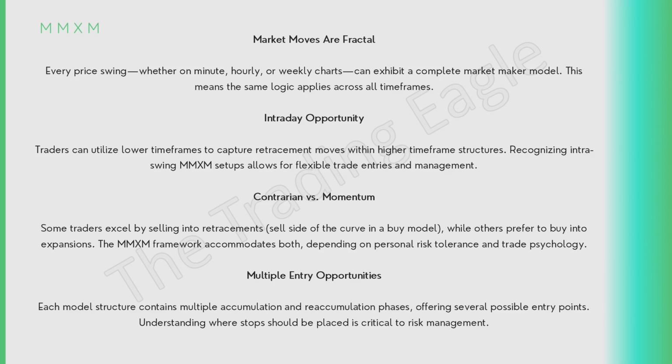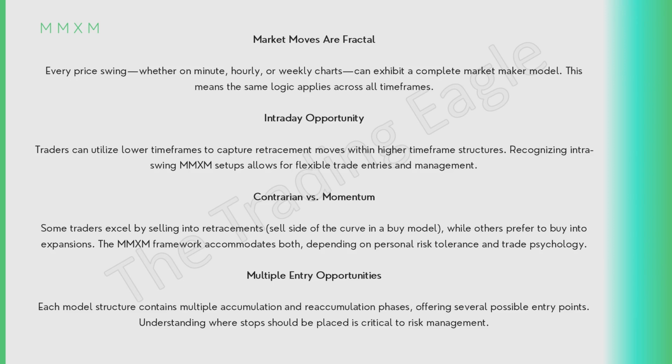And then in that sell model, we also have what? A buy side and a sell side. So each of those sides can be a different model on a much lower time frame. So traders can utilize these time frames to capture retracement moves within higher time frame structures.